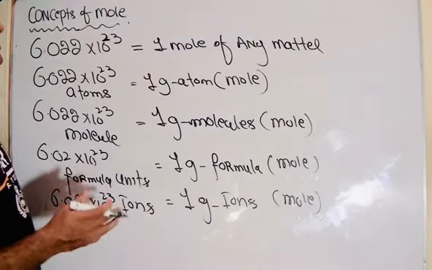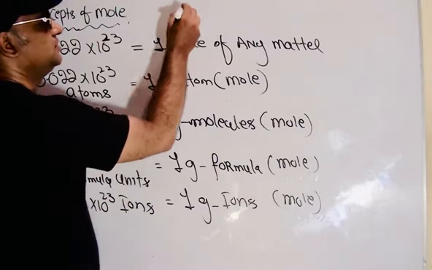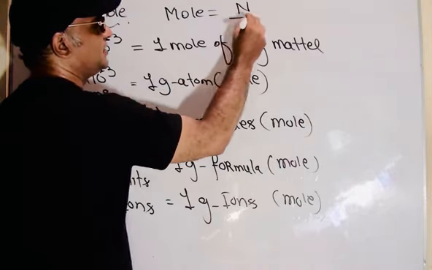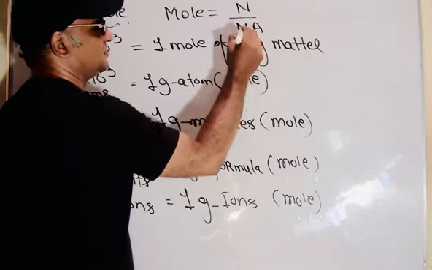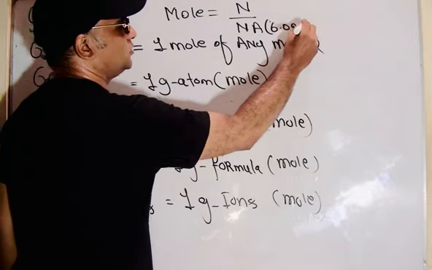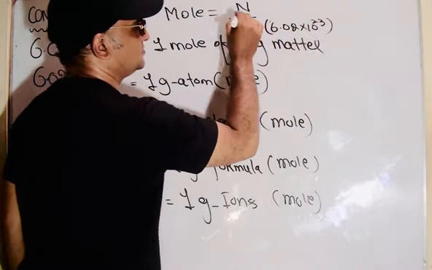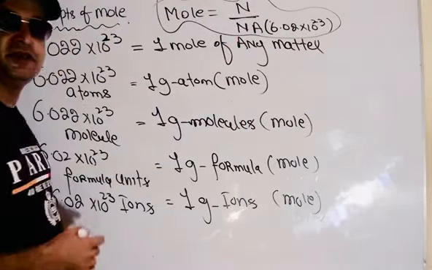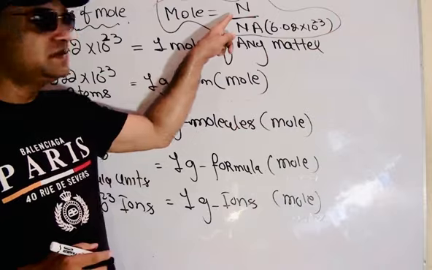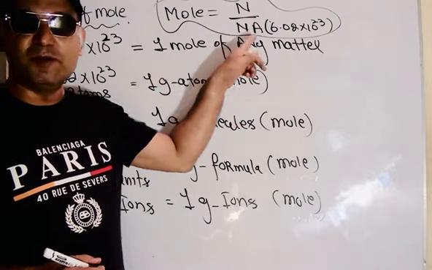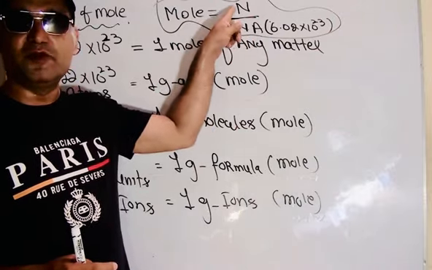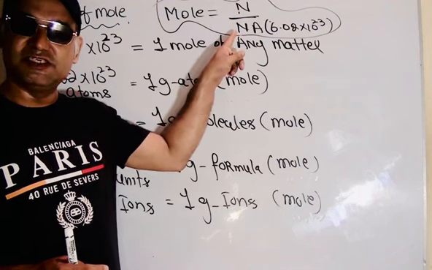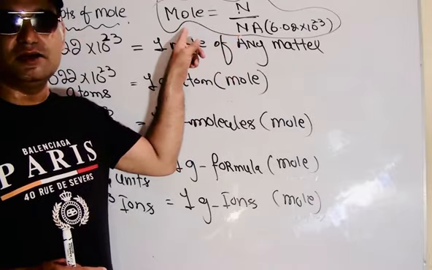If you want to convert the number of particles into mole, then you must divide the number of particles by Avogadro's number, which is 6.02 into 10 to the power 23. If you want to calculate the moles from number of particles, divide the given number of particles by Avogadro's number, which is a fixed number, and you will get the moles.